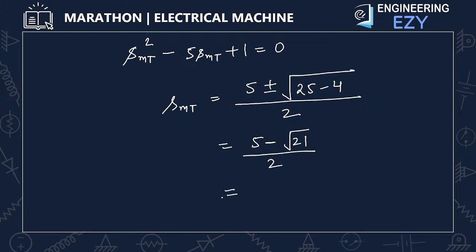So what is the correct answer? I am solving. Smt is 0.2, Ashok is giving 0.25. I think I am also checking.